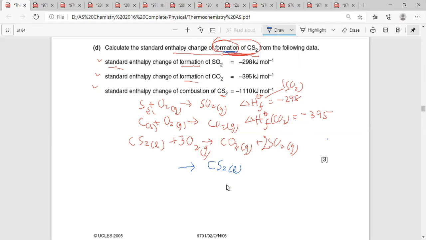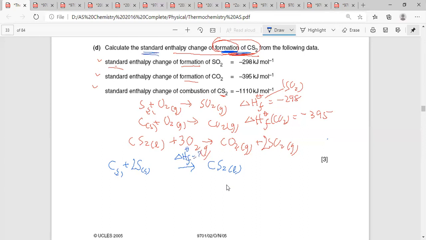Formation is it. Carbon I put over here because I want to use the space. Sulfur, I don't use S8. I can use S8, but forget it. Put 2 here, solid. This is called the heat of formation, and I want standard, so all must be standard here.